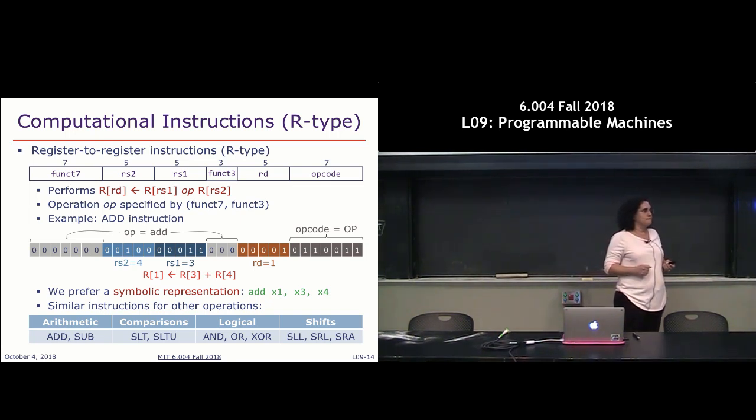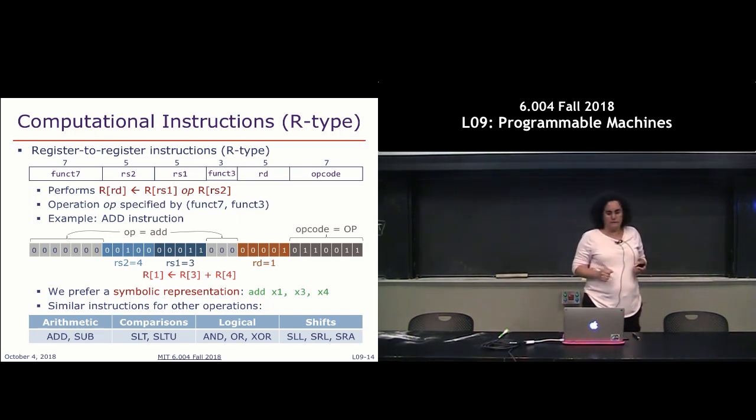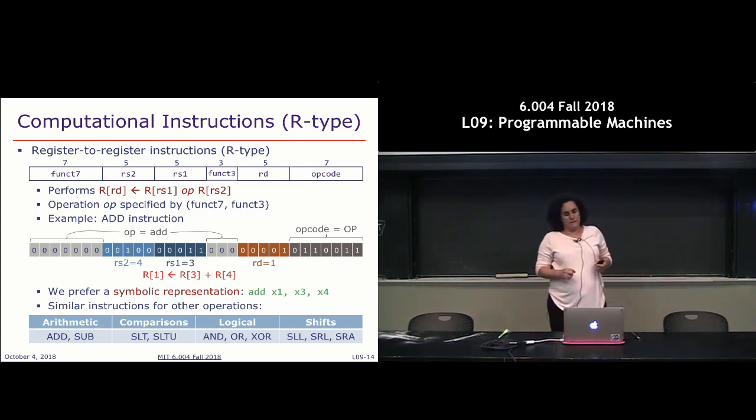And what about their lengths? Why does func 3 have 3 bits, and why is func 7 7 bits wide? Can it be different? Can they be placed in different areas? Depending on the type of instruction that it is, yes.